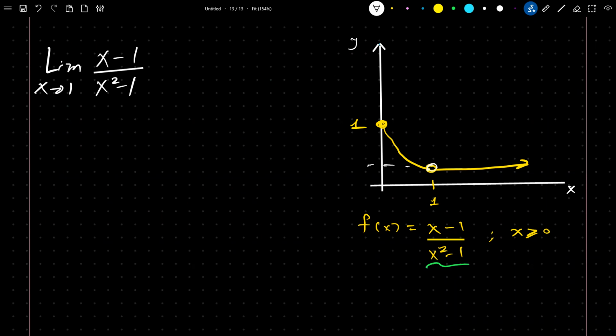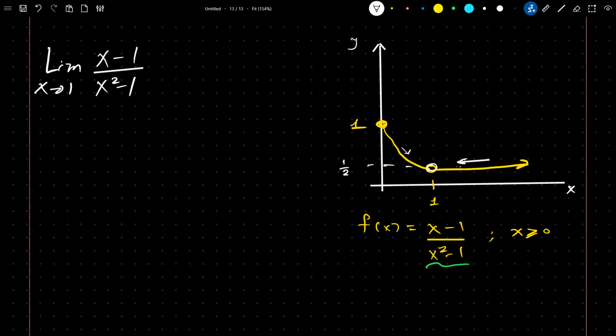And if we know what this value is, we can see that as x gets closer and closer to 1 from both sides, if we were walking along this graph, as x gets closer to 1, we're getting closer over here to 1/2. So this would actually be 1/2. And from the left side as well, if x is getting closer to 1, then as you go down this graph, we're getting closer and closer to 1/2 in this direction.